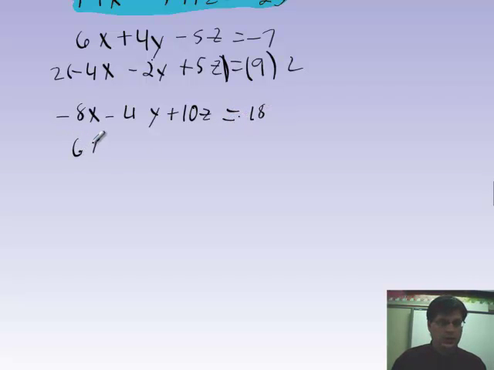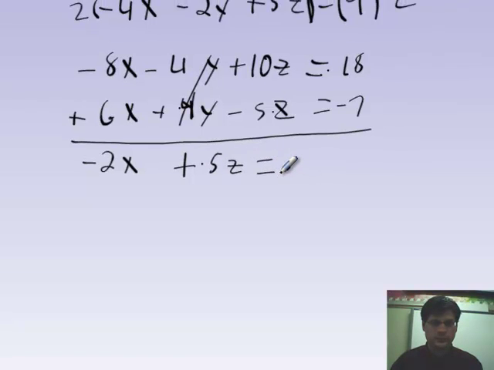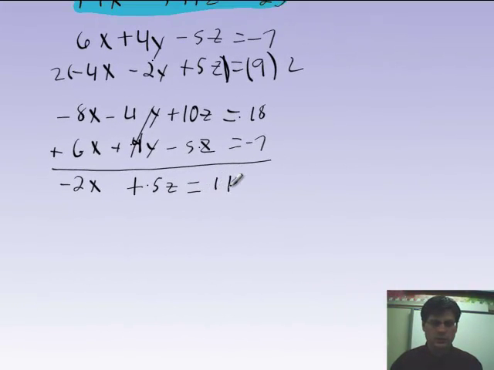All right, let me bring down the first equation, the 6x plus 4y minus 5z is equal to negative 7. Now let's add these together. So I'll be left with negative 2x, the y's cancel like we wanted, plus 5z is equal to 11.